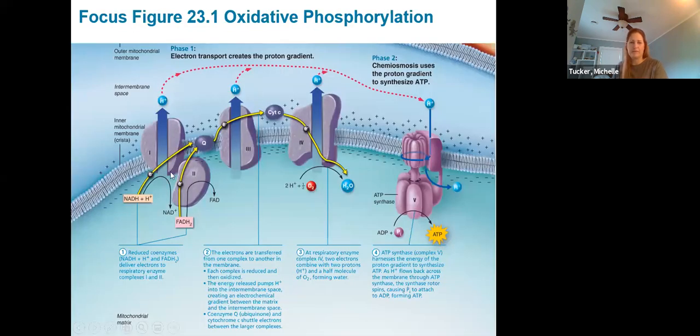Okay, so we went through this one. Electrons are split and carried along and end up as water. The hydrogen ions, which are now ions, just like we do normally with the sodium potassium ATP pump, we are now going to use this as a hydrogen pump. The enzyme is ATP synthase, and it is going to use the potential energy stored in this gradient.